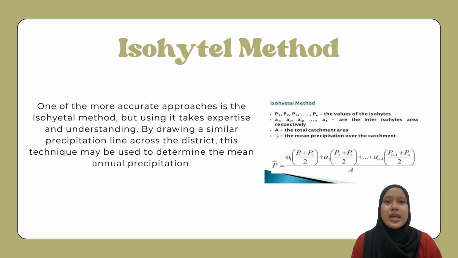The second method is the isohyetal method, which is one of the more accurate approaches, but using it takes expertise and understanding. By drawing similar precipitation lines across the district, this technique may be used to determine the mean annual precipitation. The isohyetal method displays precipitation values at chosen stations on a suitable base map.